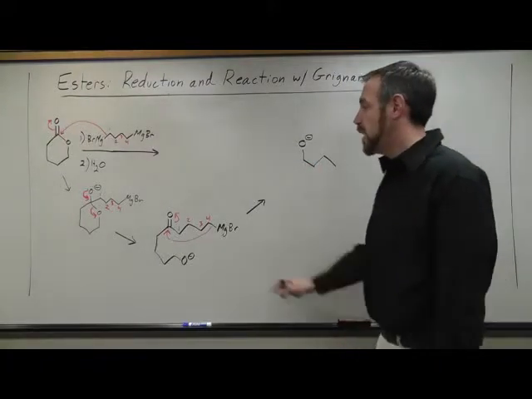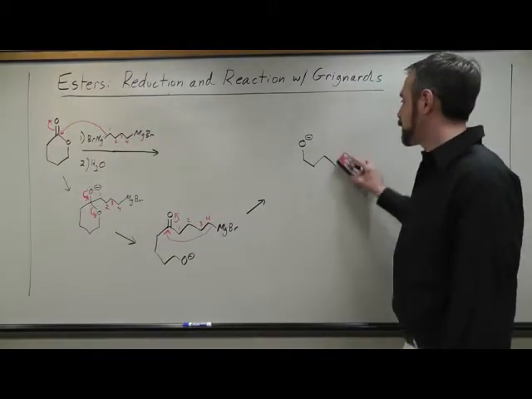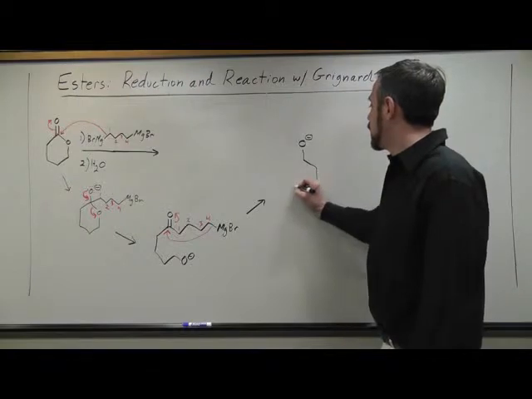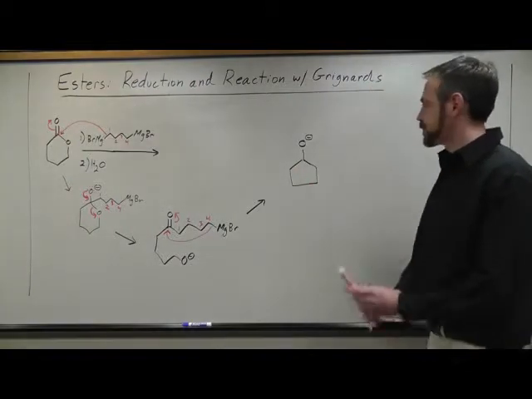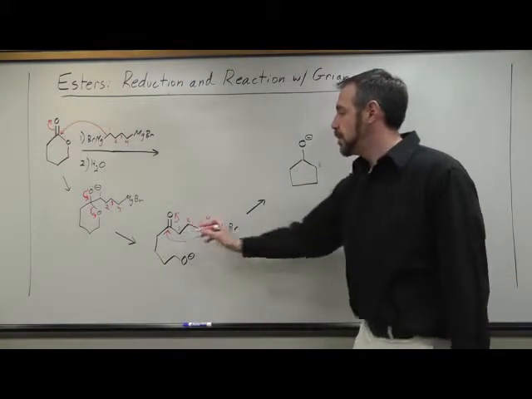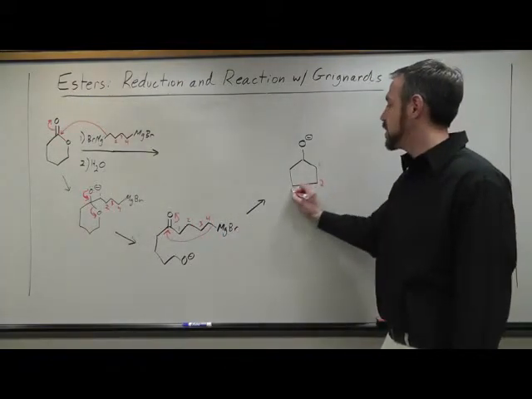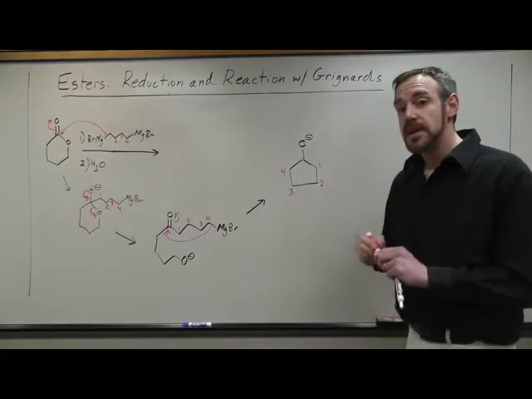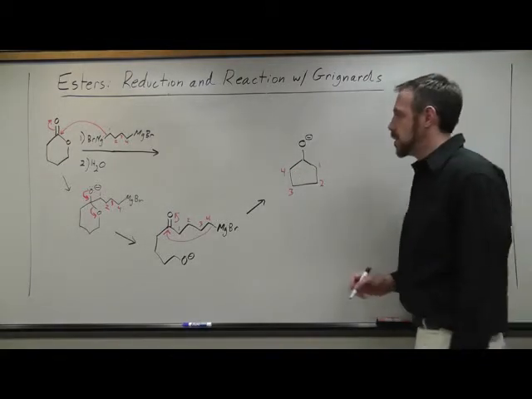And so what we're going to have is a 5-membered ring. And we can verify this by thinking about carbon 1 that was already bonded there, carbon 2, carbon 3, and carbon 4. And now carbon 4 is also bonded to what used to be the carbonyl carbon.